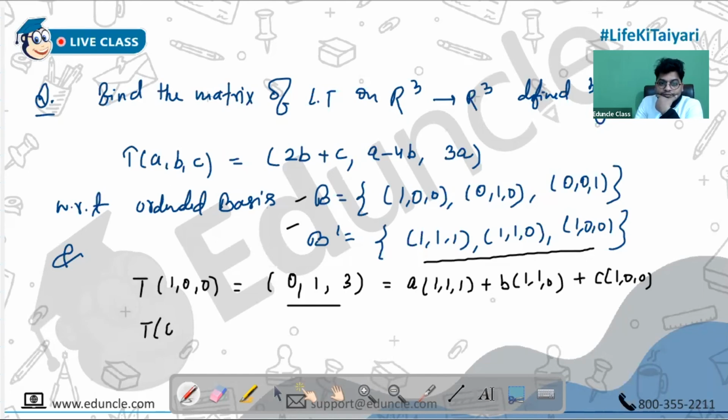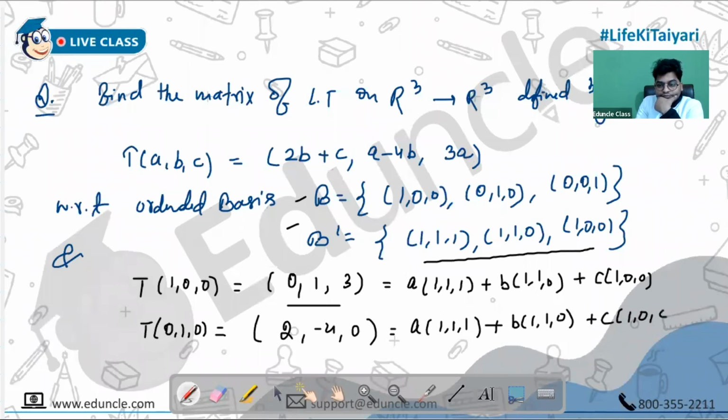And T of 0 1 0 is mapping to 0 1 0. यहाँ पे भी लिखोगे आप like this. You have to find out. I don't know what is the answer. Please tell me what is the answer. This is 0 0 1, 0 0 0, 0 1, 0 0. We'll find out this one.